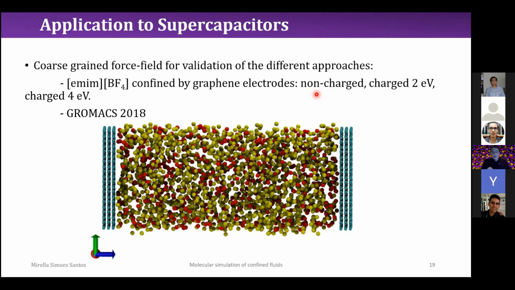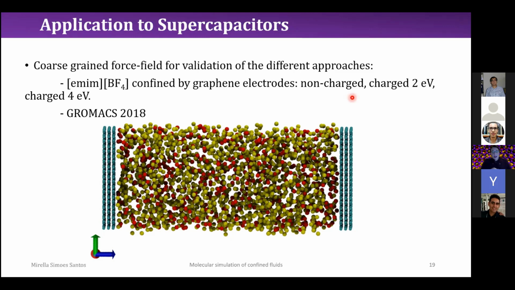On this model, as I just said, we are considering the coarse-grained force field for imine BF4, and I'm presenting here non-charged electrodes. So we have graphene electrodes. Here the distance between my electrodes is 10 nanometers.